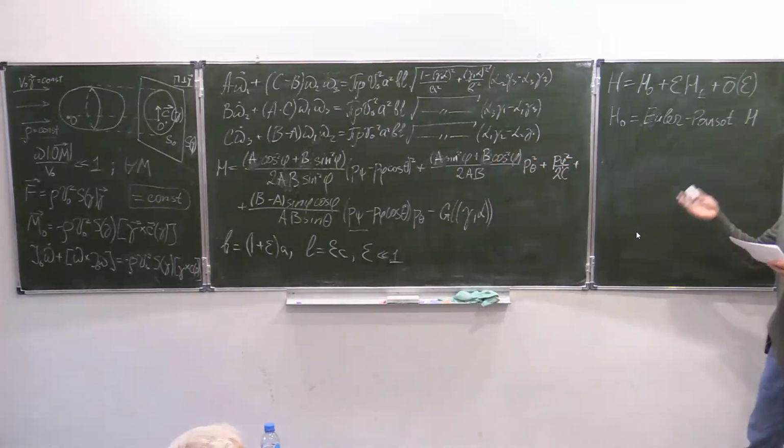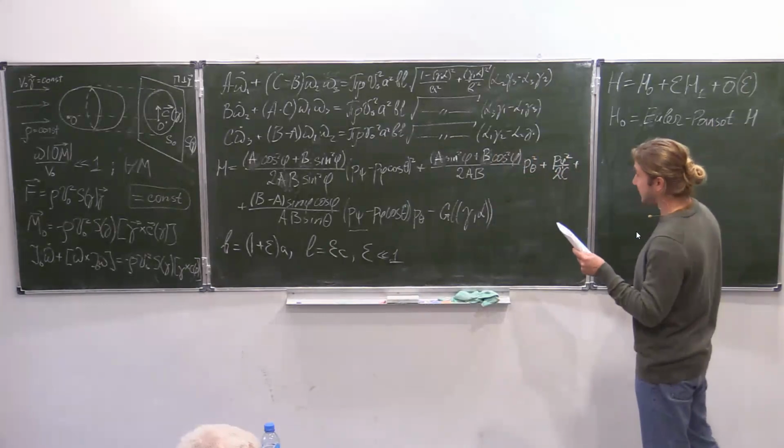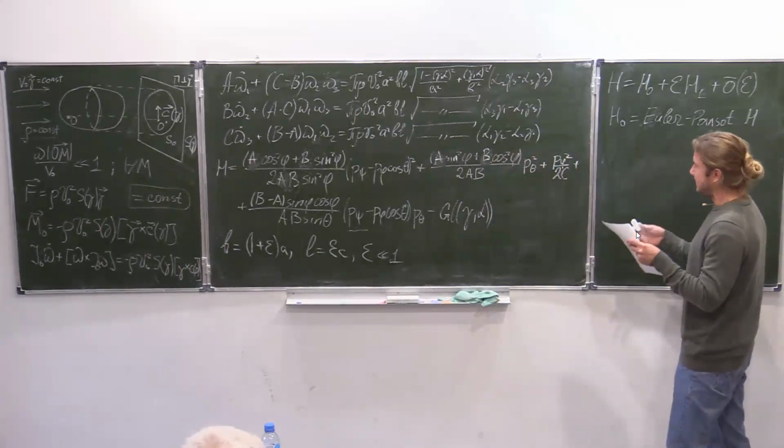Now return to the dynamically symmetric body bounded by the surface of the ellipsoid of revolution.